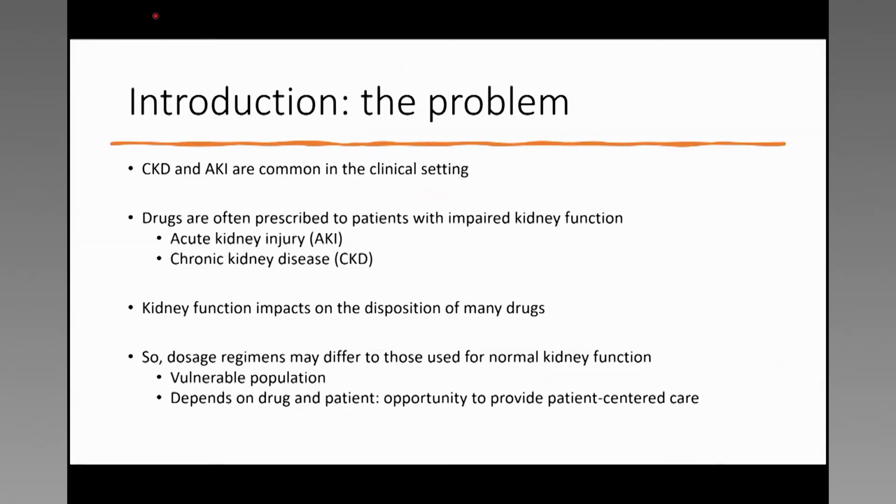We know that patients with impaired kidney function are a vulnerable population, particularly if they've already been admitted to hospital with an acute illness. And the actual changes that we would institute for the management of these patients really depends on a number of factors, including the patient themselves and the drug we're prescribing. And so thinking about the prescribing of medicines to patients with impaired kidney function provides the opportunity for us to provide patient-centered care.